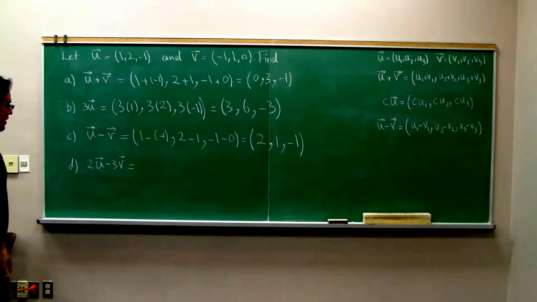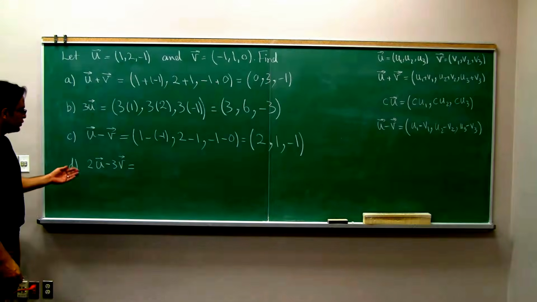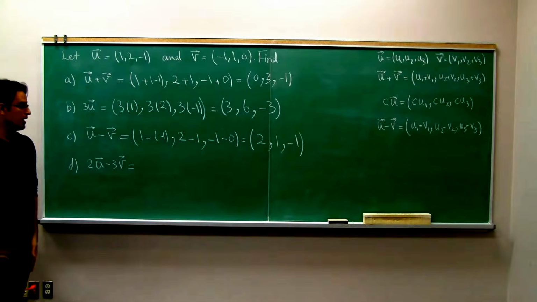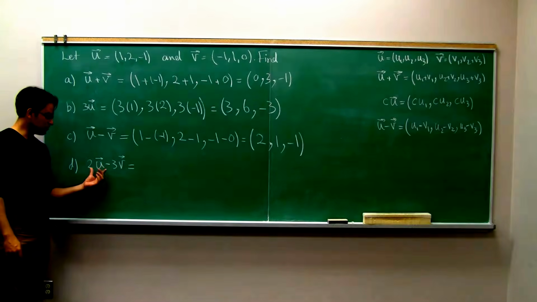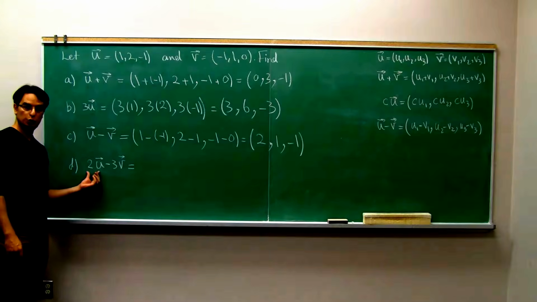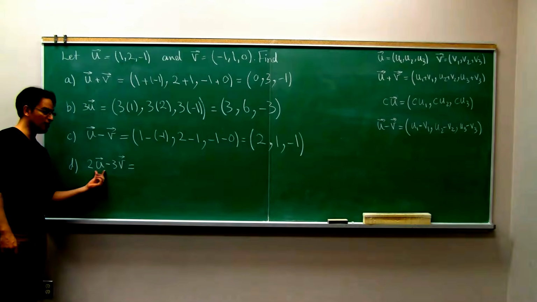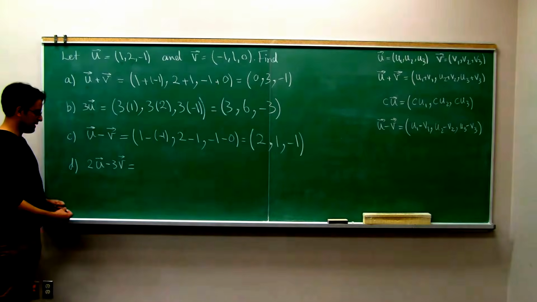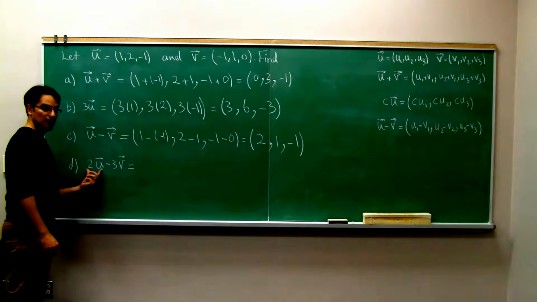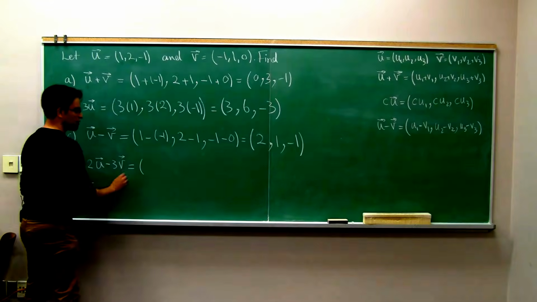The last part asks to find a combination of all these parts. So 2u minus 3v. What we have to do first is a scalar multiplication, 2 times u and then 3 times v. Then I will have two vectors and I subtract them. So let us do this step by step. First, let us do the scalar multiplication.